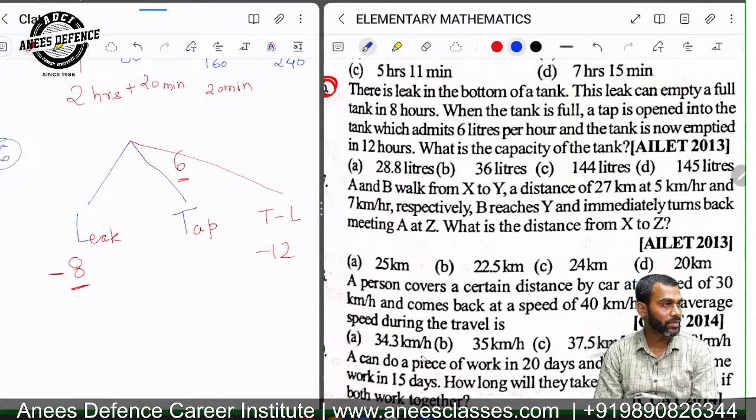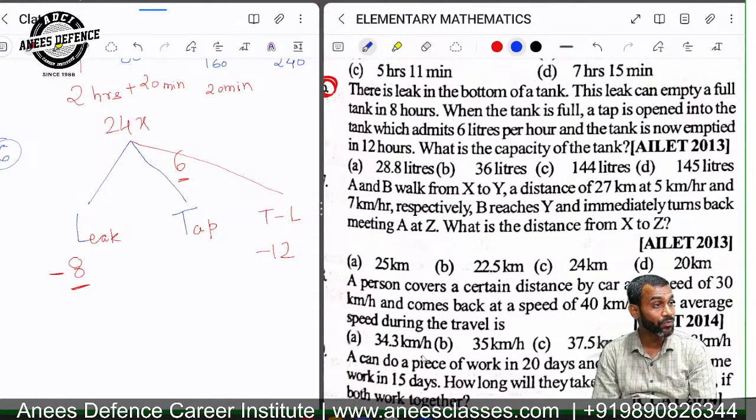Or maybe 24x. 24. I cannot directly consider 24. Why? Because we need to find out the capacity. So let us consider 24x. Why 24x? The LCM of 8 and 6 and 12. We are given how many numbers? 8, 6 and 12. So let us consider the capacity of the tank is 24x.